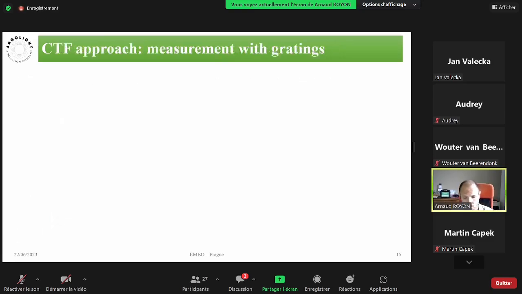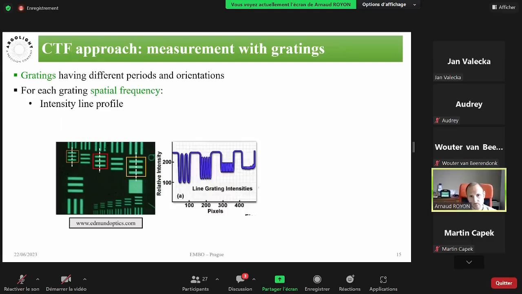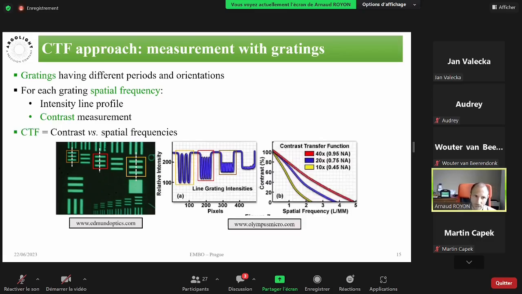There are several ways to measure the contrast transfer function. One of them is to use fluorescent gratings having different periods and orientations. For each grating, with its spatial frequency, you take an intensity line profile and measure the contrast. Then you plot the contrast for each frequency, and you get the contrast transfer function, as you can see here on the right.